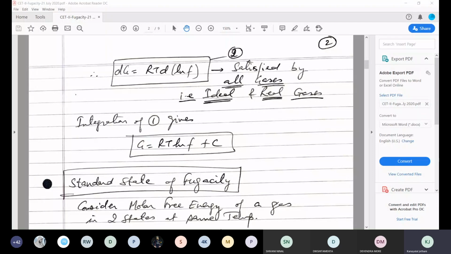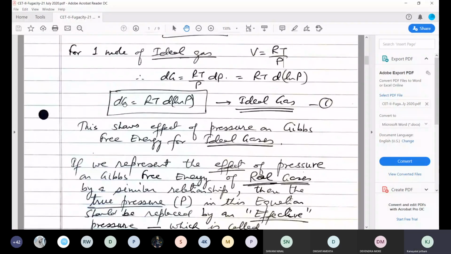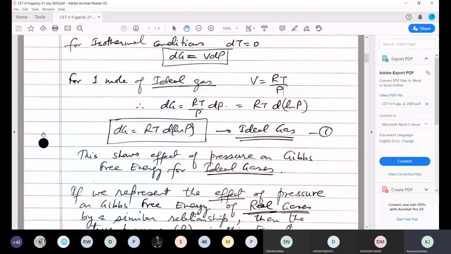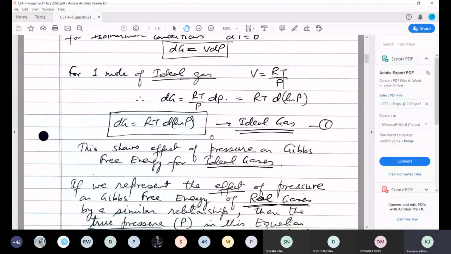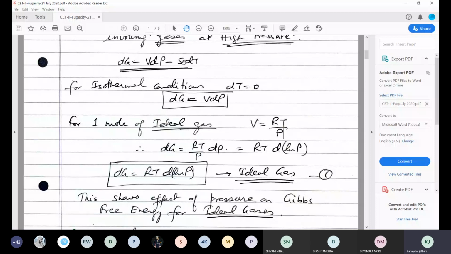From ideal gas, we derive an equation for change in Gibbs free energy, because once you know Gibbs free energy, we can find out chemical potential, because dG and mu are related, right? So we are going indirectly from pressure to dG, and then we get chemical potential. For ideal gas, it is easy because we have a relationship. We can use this thermo equation, dG = VdP - SdT, and we get this equation.